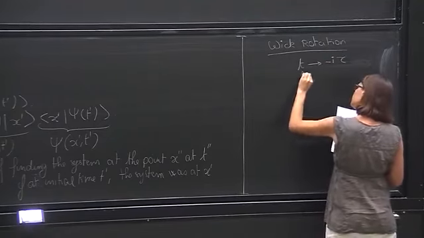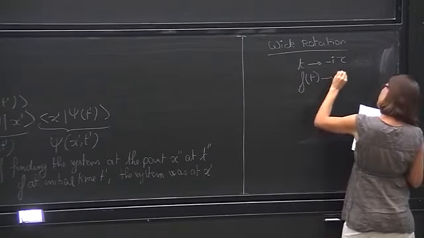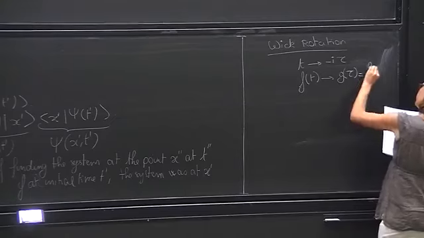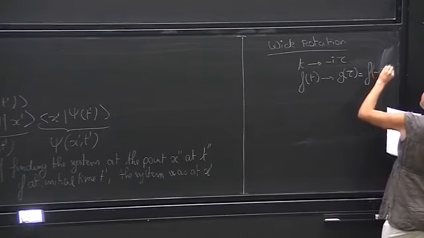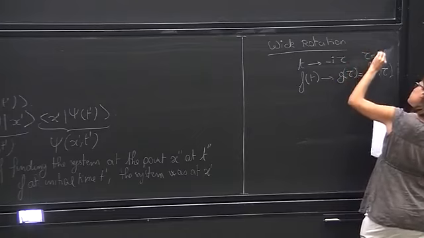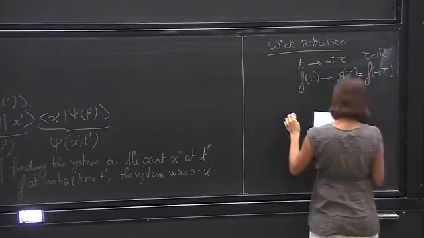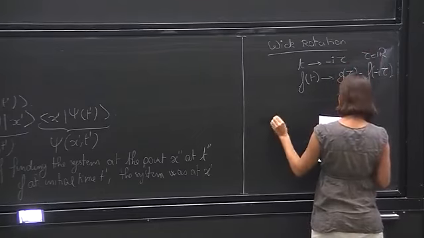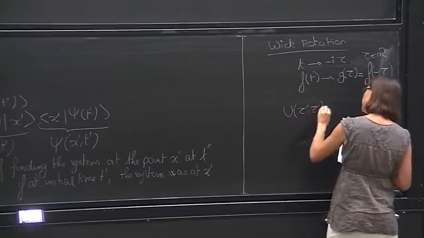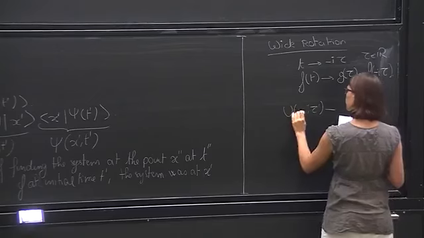And so now instead of f of t, I'm going to look at a function g of tau, which is defined as, where tau here is of course a real number. And so if we apply that to the time evolution operator here, I already get that.